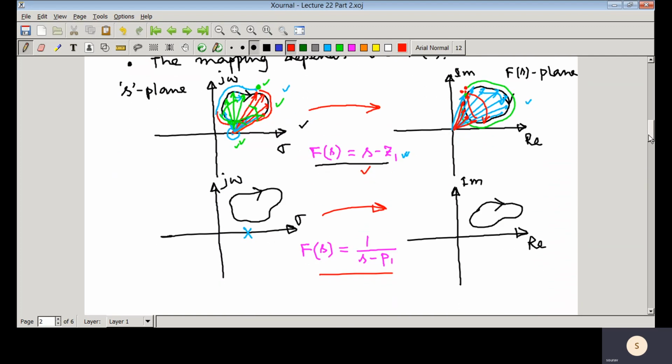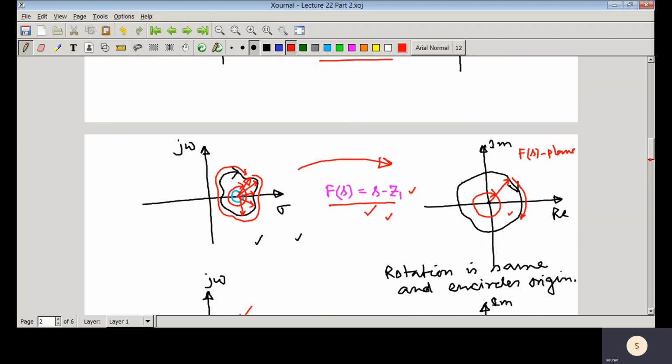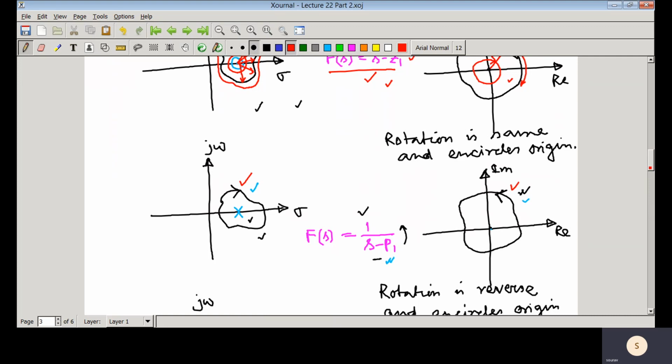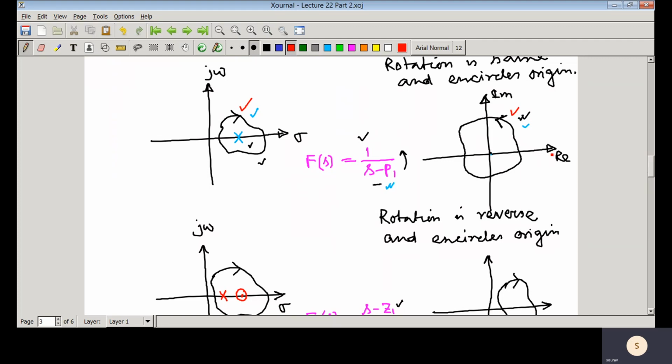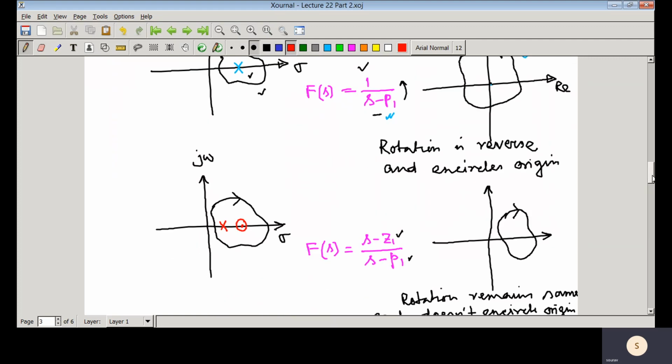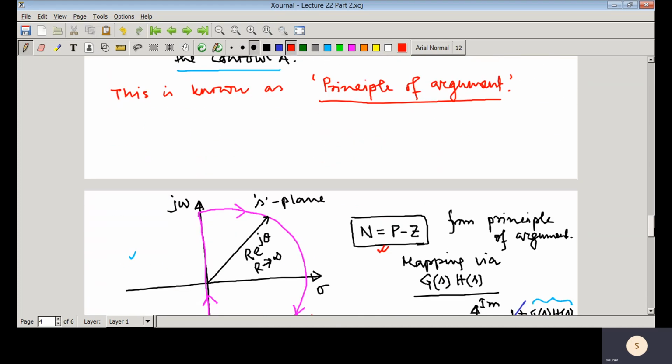We have seen that whenever the contour encloses a zero, the rotation remains the same when it encircles the origin in the Fs plane, and when it encloses a pole, it encircles the origin but the rotation is reversed. And then we have seen the relationship n equal to p minus z.